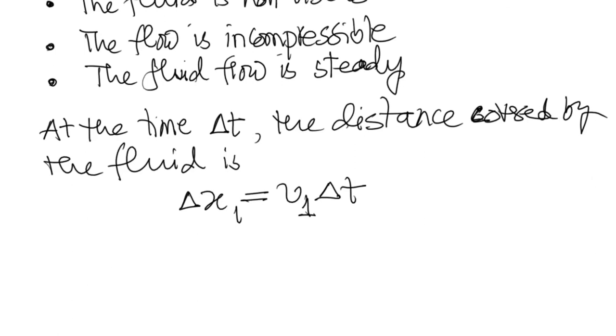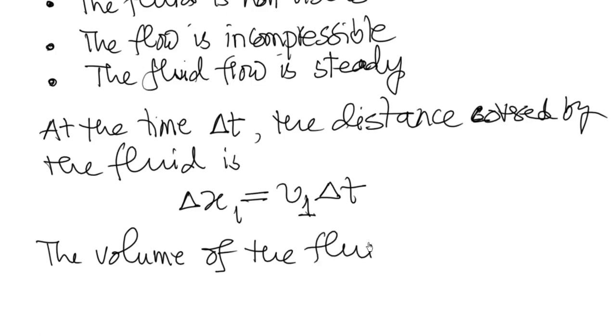So at the entry point, that means the lower end of the pipe, the volume of the fluid that will flow into the pipe in time. Instead of "at", we should say "in time".